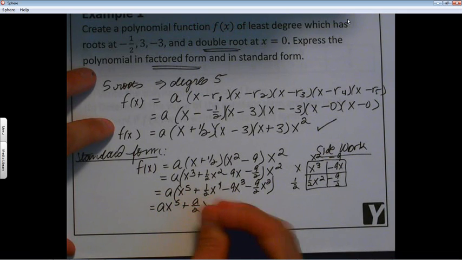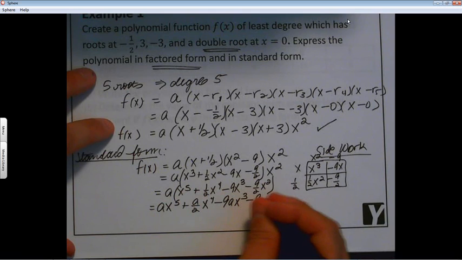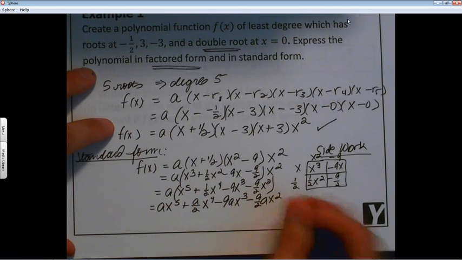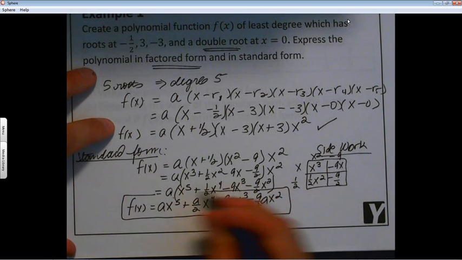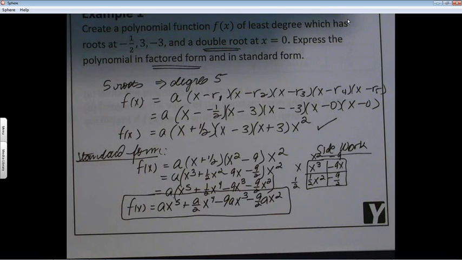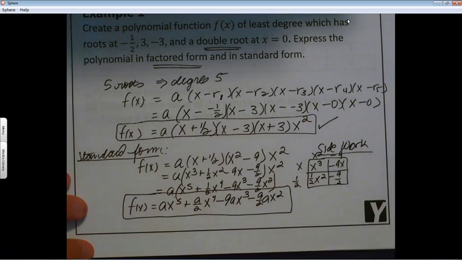Okay, let's keep going. We're going to distribute the x squared through. x cubed times x squared is x to the 5th. 1/2 x squared times x squared is 1/2 x to the 4th. -9x times x squared is -9x cubed. Negative 9/2 times x squared is negative 9/2 x squared.